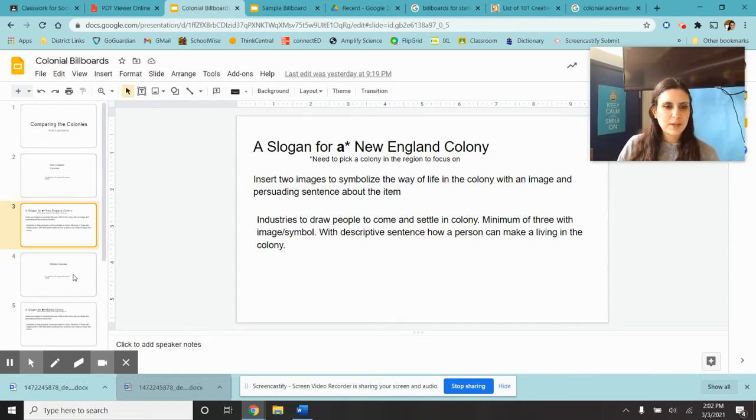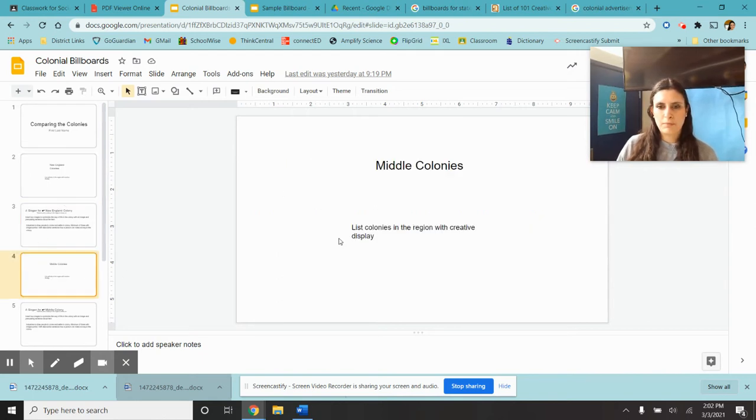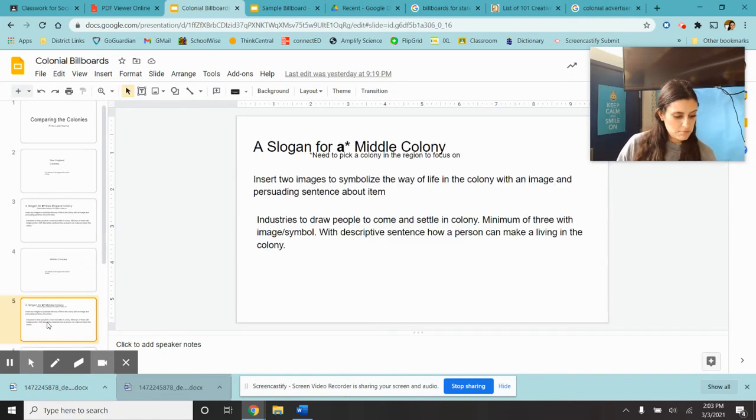And then you're going to do the same thing for the middle and the southern, right? This is kind of like the title page for the middle colonies. Put an image of the middle colonies, list the middle colonies, refer to your map. You have New York, New Jersey, Delaware, Pennsylvania. Then pick one of those, right? Maybe you're going to pick New Jersey.